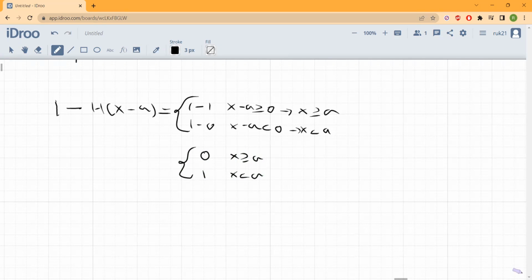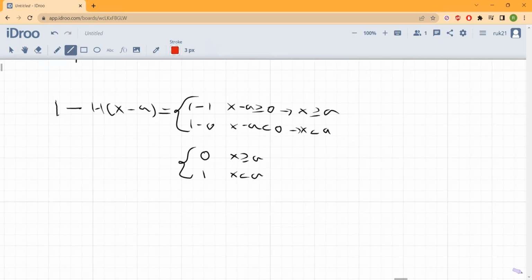Before, it was 1 when x was greater than or equal to 0, and 0 when x was smaller than 0, but in this case it's a. You can think of this as an off switch: when your switch is turned off, the light is on, and when your switch is turned on, the light is off. As weird as that sounds.